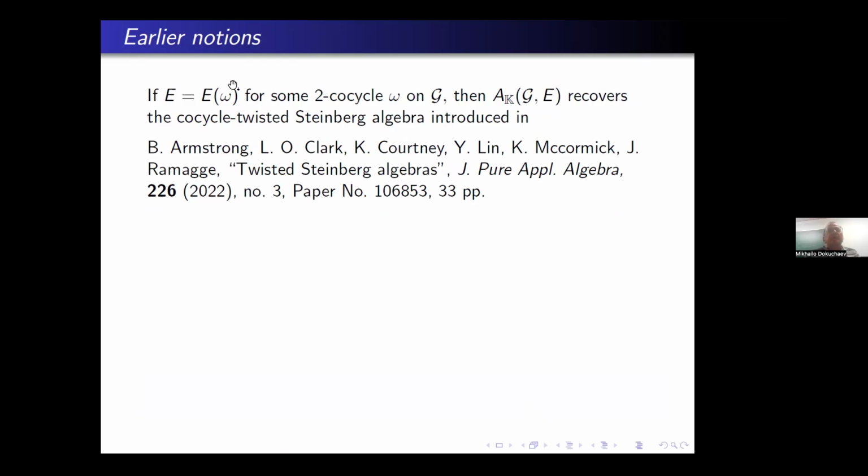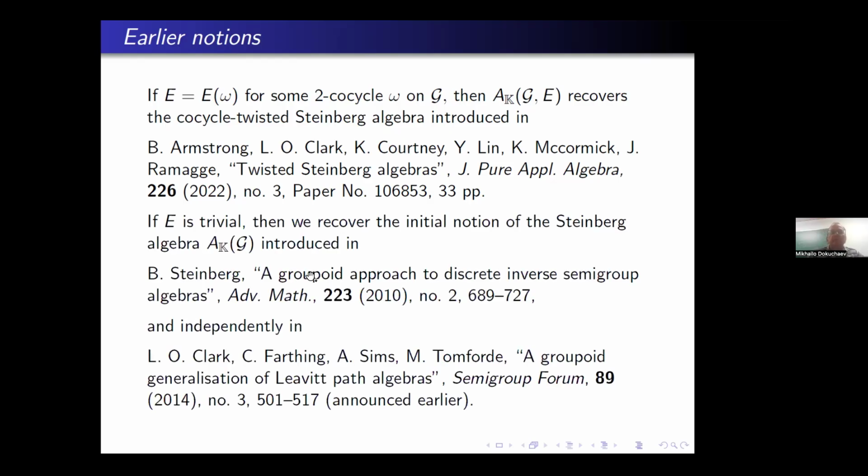So if we take this bundle of this form E_ω, where ω is a continuous cocycle, then we get the algebra which is defined by them. So our algebra generalizes these two-cocycle twisted algebras introduced by them. Also, if ω is trivial, then we recover the original notion introduced by Steinberg.